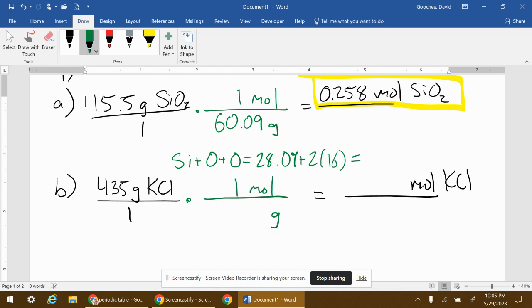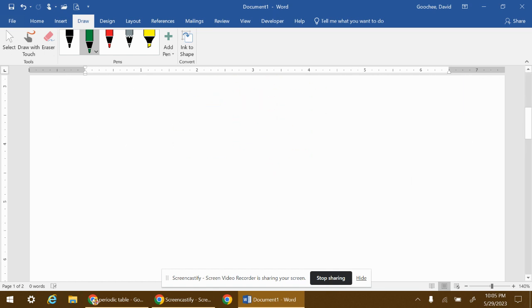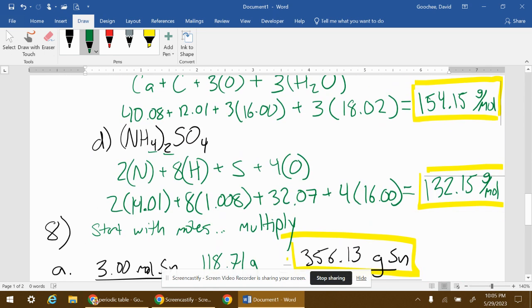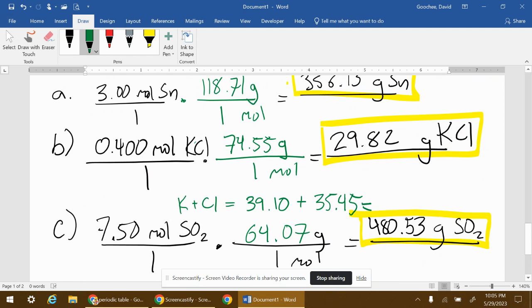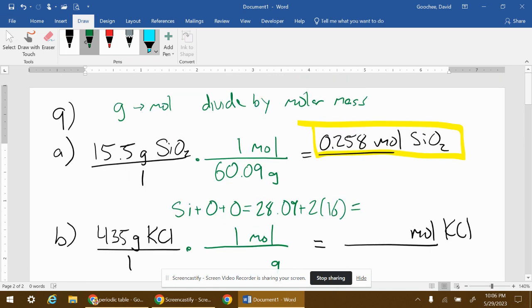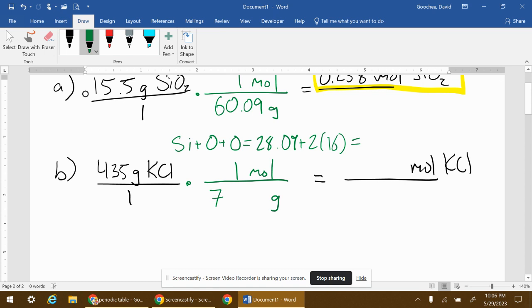Now, the reason why I chose this is because I believe we've already added KCl together somewhere else on this test. Here it is, 74.55 grams. So we don't have to add it again, all right? We can just use the same one. It's going to be the same every time you add it.